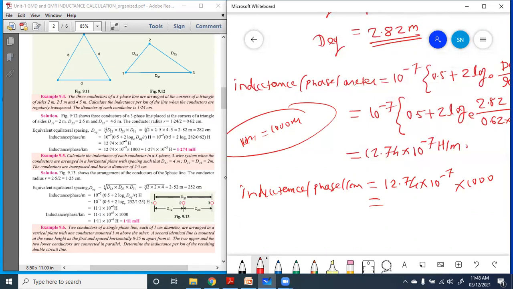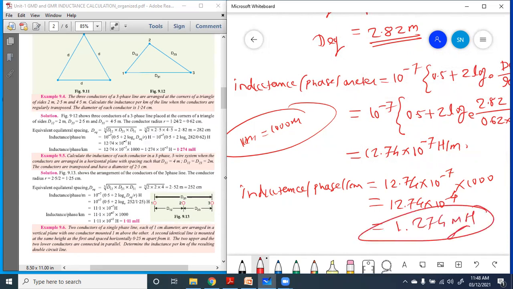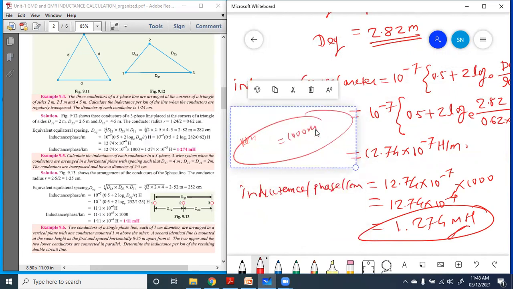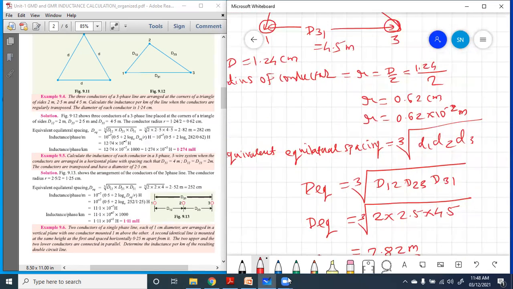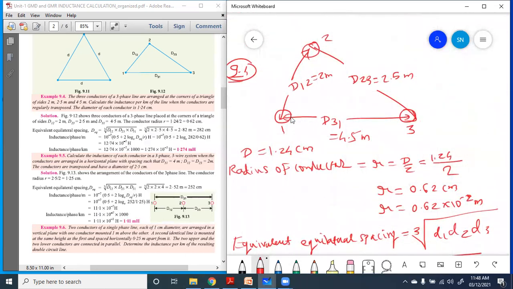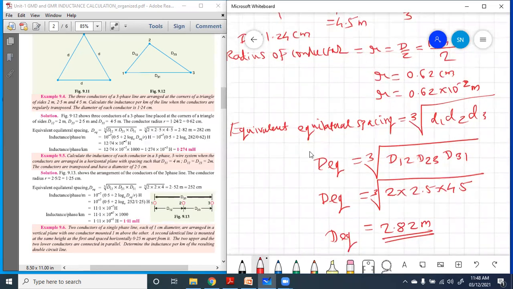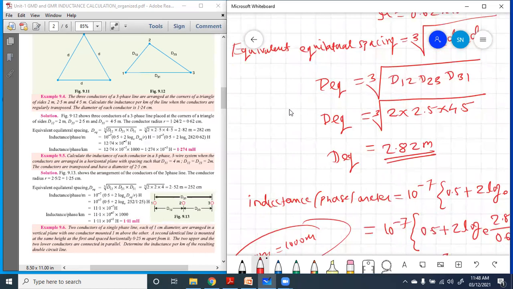Then we get 12.74 x 10^-4, that is 1.274 millihenry. This is the final required answer: the inductance per phase per kilometer of the given transmission line. The distances between the line conductors are different, and this line is completely transposed. That's why we need to put the equivalent equilateral spacing for the unsymmetrical transmission line.